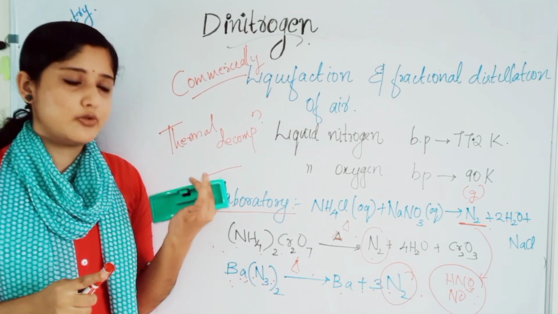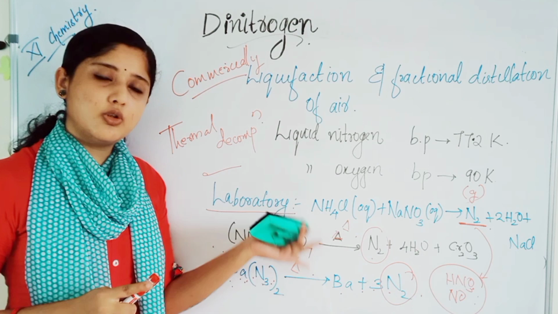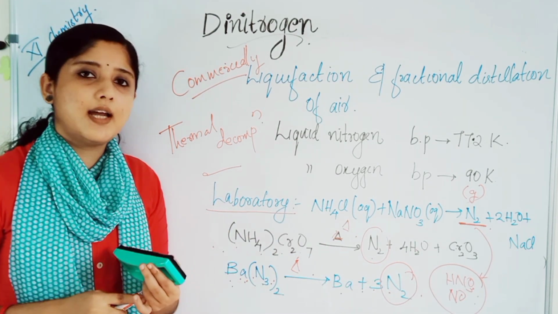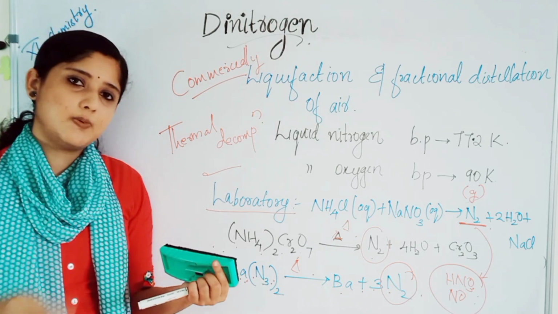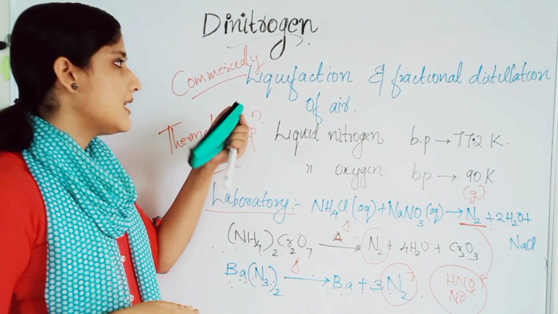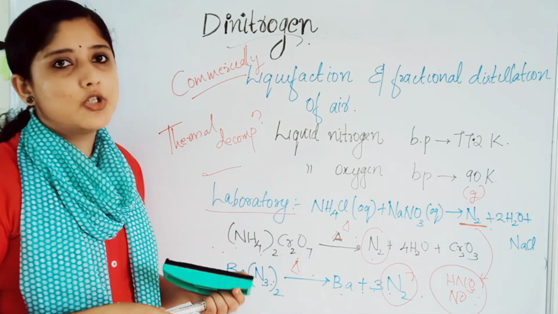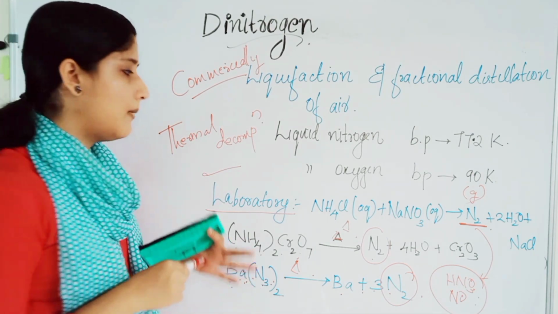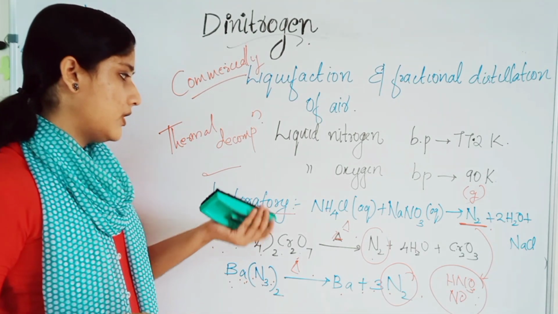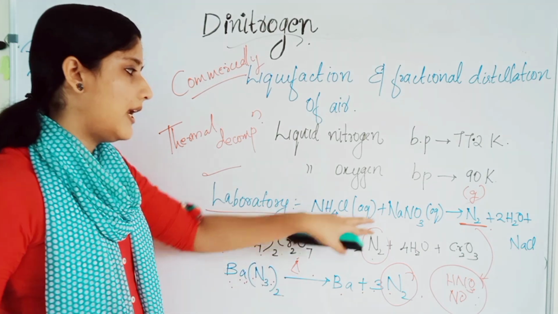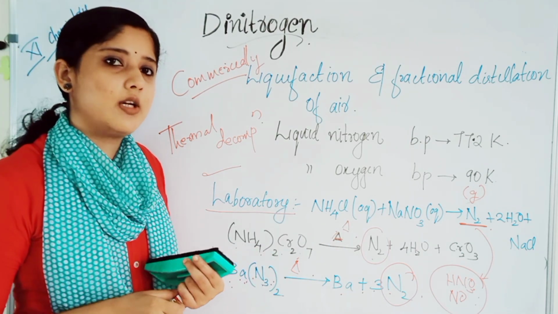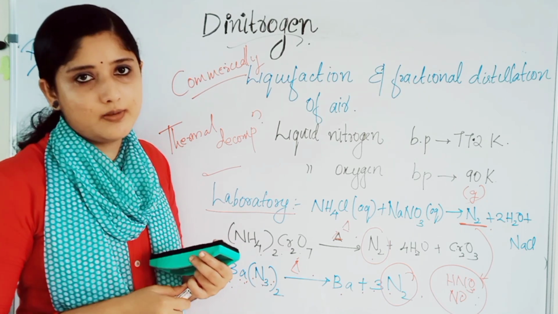Barium will precipitate out and you will obtain dinitrogen gas separately. These are the methods of preparation: the commercial method, and then three laboratory methods. First is the reaction of ammonium chloride and NaNO3, then thermal decomposition of ammonium dichromate, and also of barium azide.